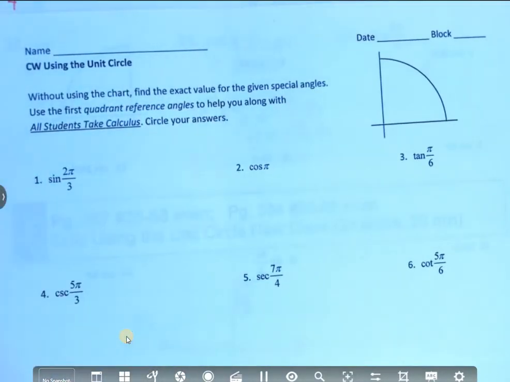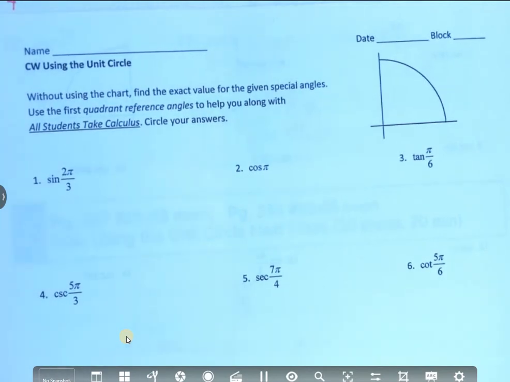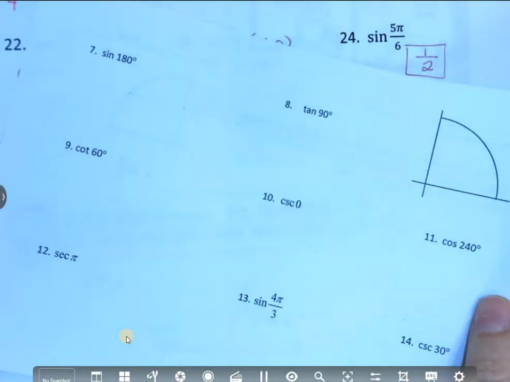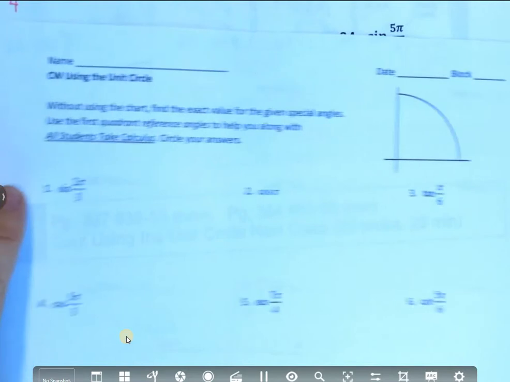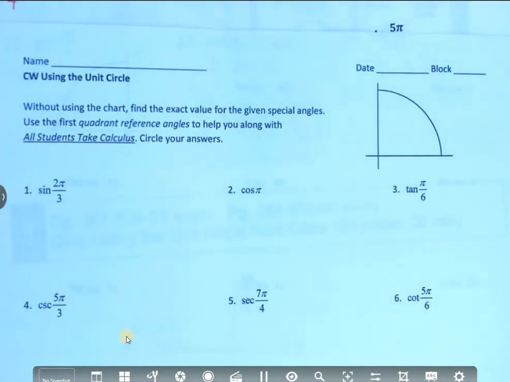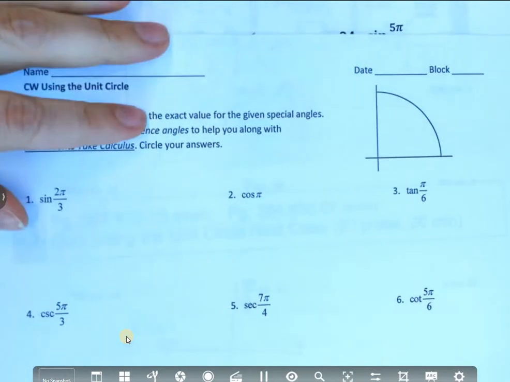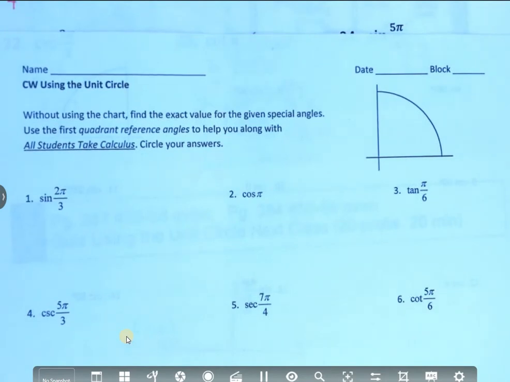You can do whichever ones you want, but I will be expecting you to get at least 7 of these done. At least half of it. Understand what I'm talking about there? Your choice which ones you want to do. Go ahead and do them. And before you leave, make sure you turn this in. If you do not turn this in, you get a 0. Okay? You're welcome to work together. And that's it.